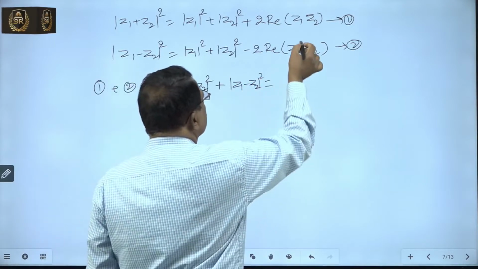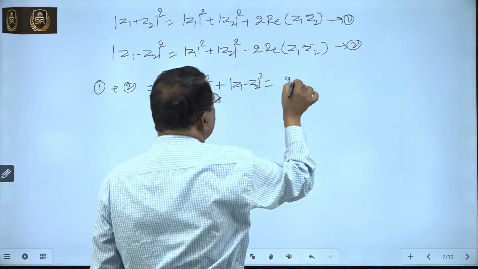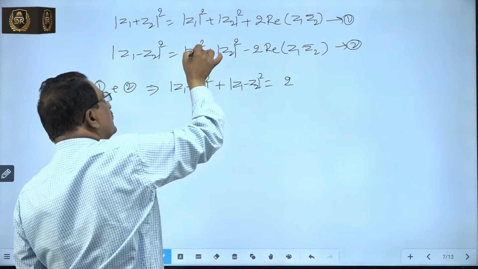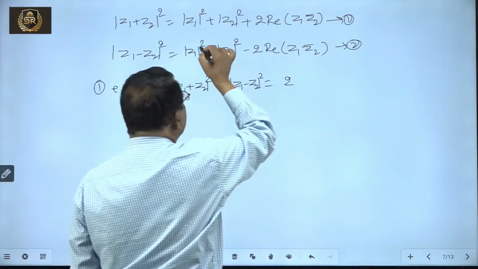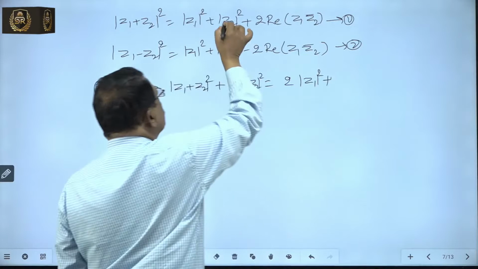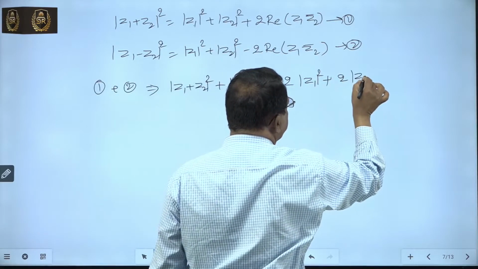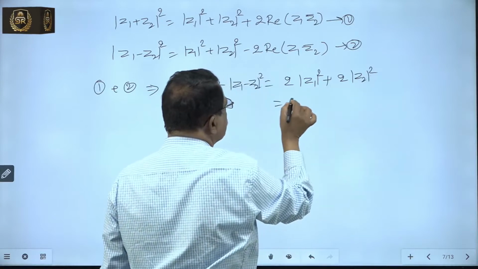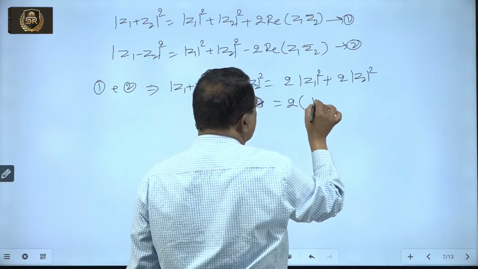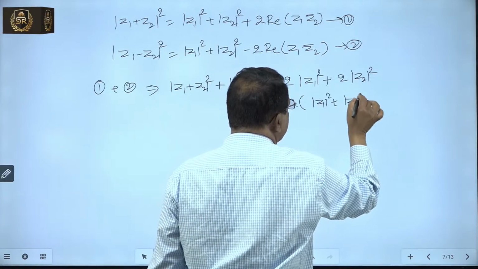Here the real part terms get cancelled by adding these two: mod Z1 square plus mod Z1 square, 2 mod Z1 square, plus mod Z2 square plus mod Z2 square, 2 mod Z2 square.